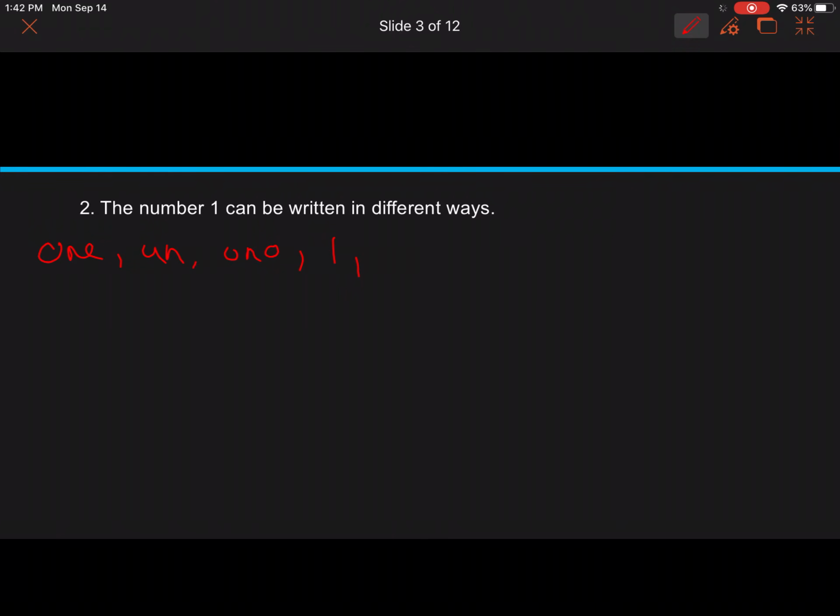I can write 1 divided by 1. I could write 3 divided by 3 is equal to the number 1. I could do a heart divided by a heart is equal to the number 1. This could go on forever. There are an infinite number of ways of writing the number 1.